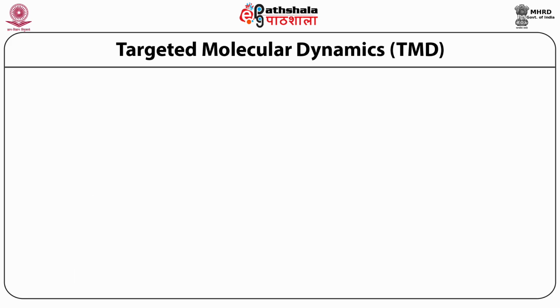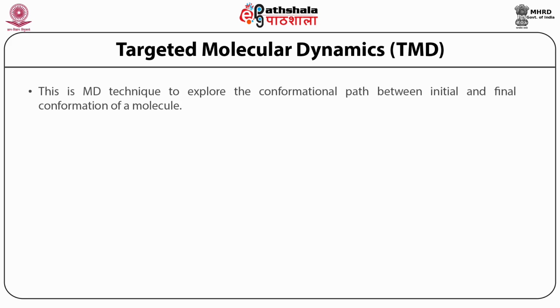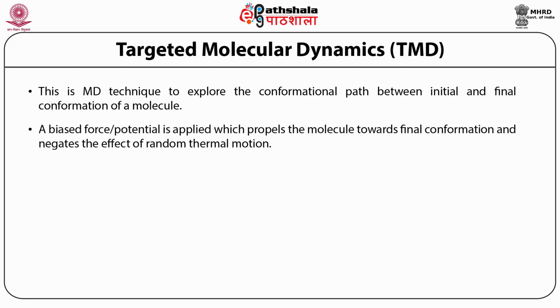Targeted molecular dynamics is a special molecular dynamics tool. This is used to explore the conformational path between the initial and final conformation of the molecule. In this case, a biased force or potential is applied, which propels the molecule towards the final conformation and negates the effect of random thermal motion.